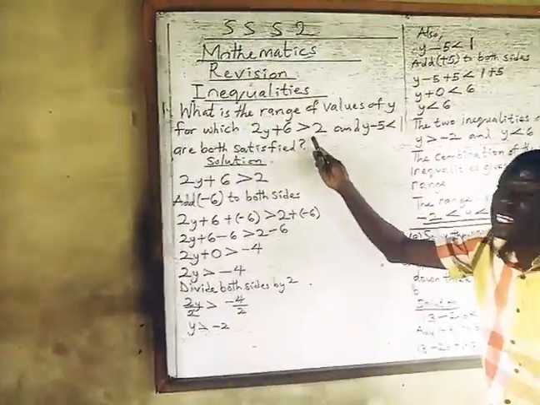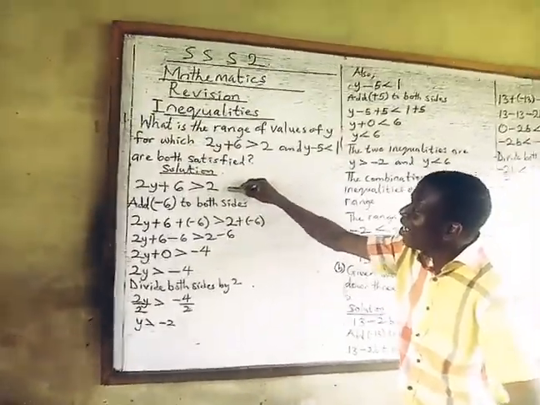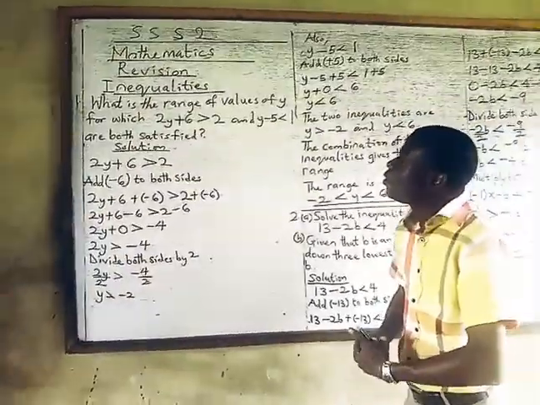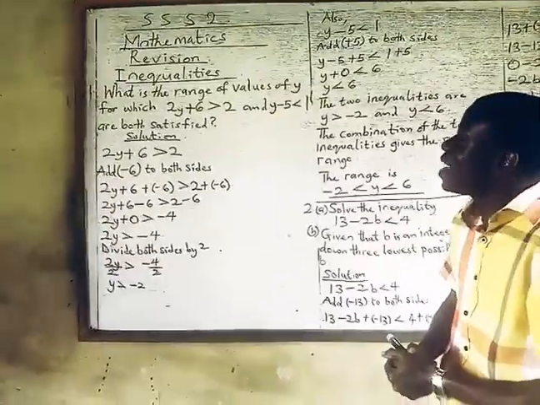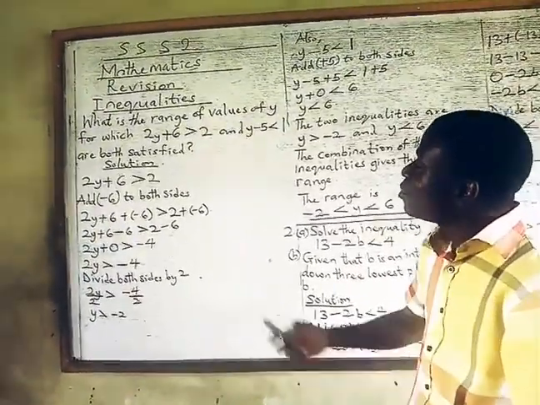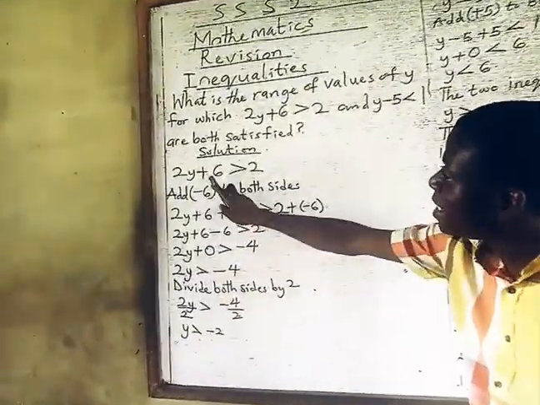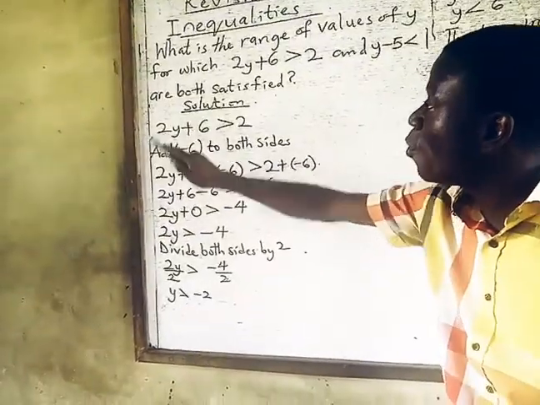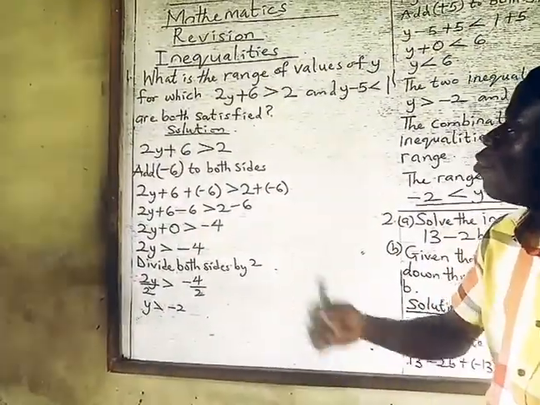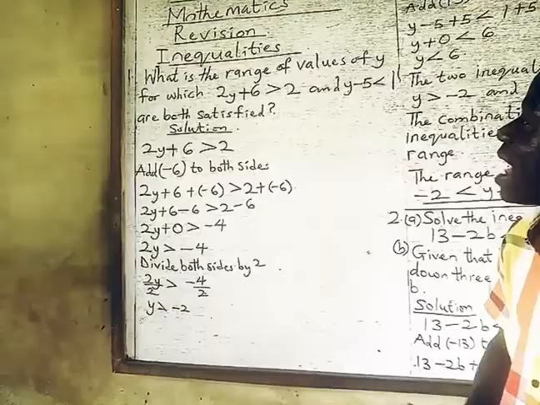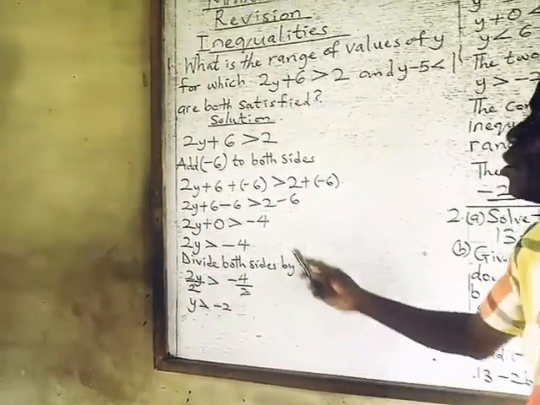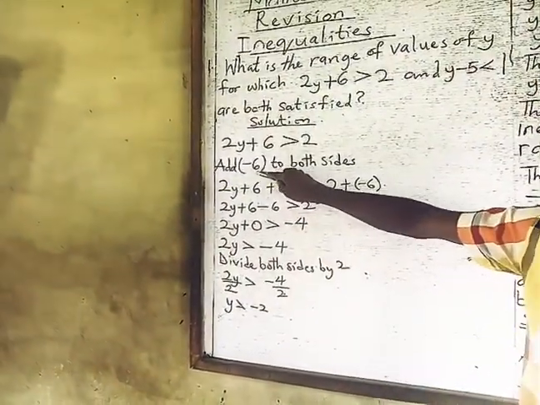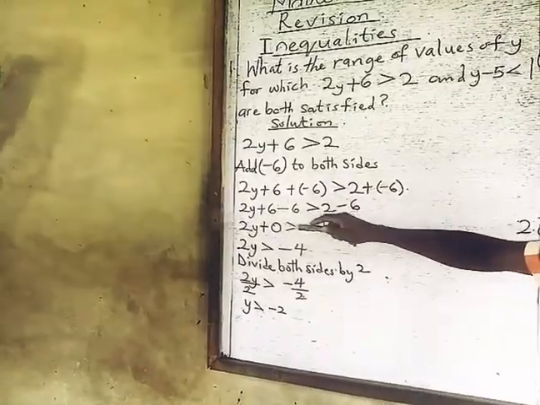The first inequation first. 2y plus 6 is greater than 2. To solve that, try to eliminate this so you can have 2y alone on that side. All you need to do is to use the additive inverse.